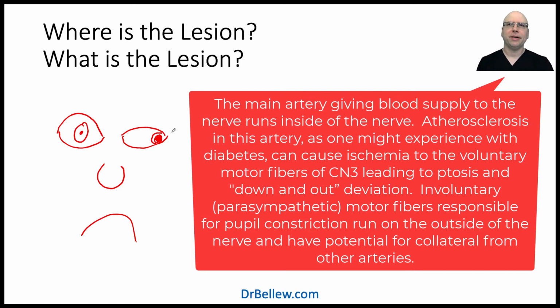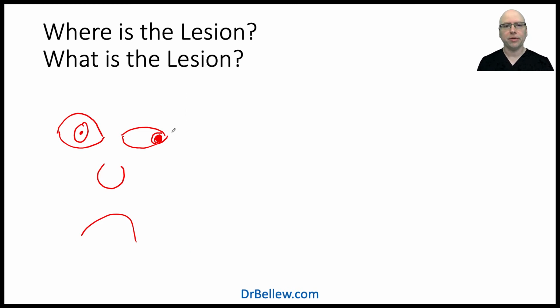So the parasympathetic fibers are running on the exterior, superficial surface of the nerve, if you will. So with external compression, you might just get a dilated pupil. But usually if you get the full third nerve palsy with the ptosis and the down and out eye, then with the dilated pupil, it's just the whole nerve compression.